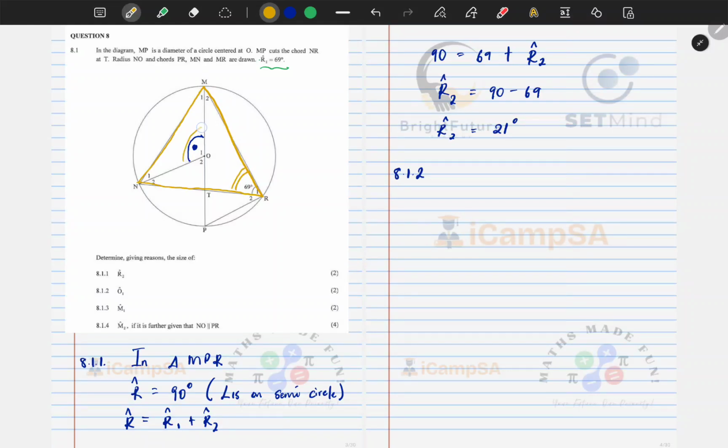And this angle will have a relationship. And what will be that relationship? It will be that angles at the center is twice the angle at the circumference, right?